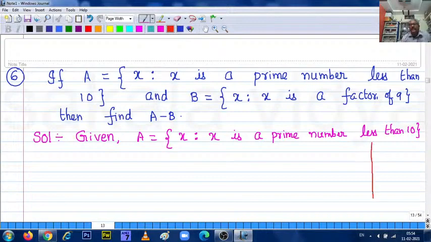What are the prime numbers less than 10? 2, 3, 5, 7 are the prime numbers which are less than 10.